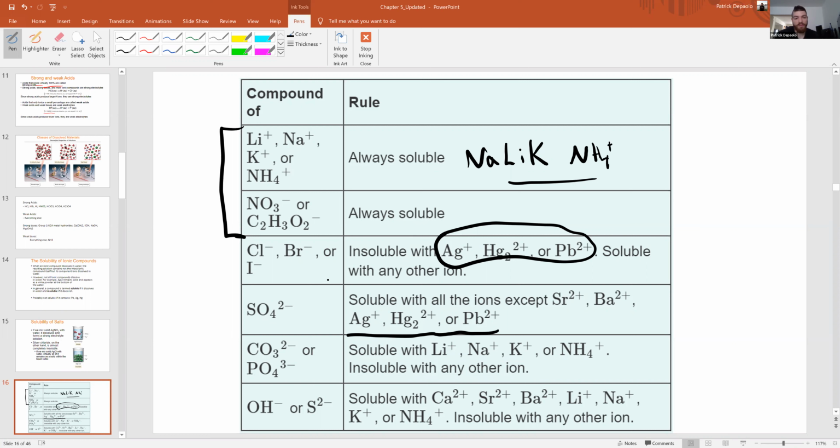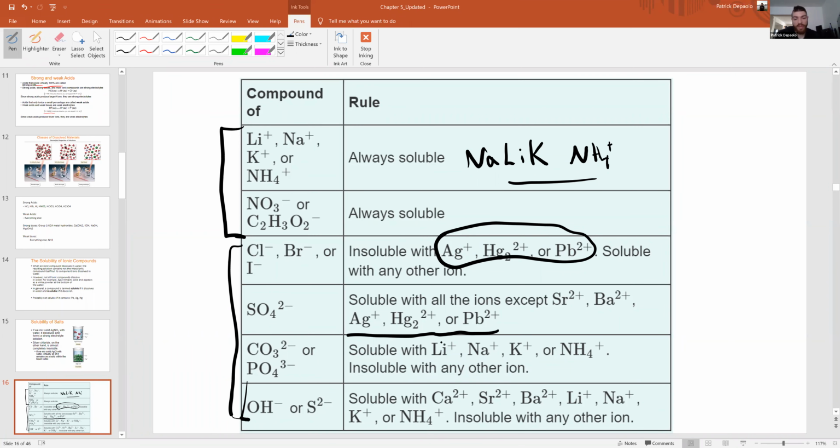So if you see these three with any of these anions, they're not soluble. Very key thing to know. Everything else is kind of a reiteration. Let's look at carbonates and phosphates.